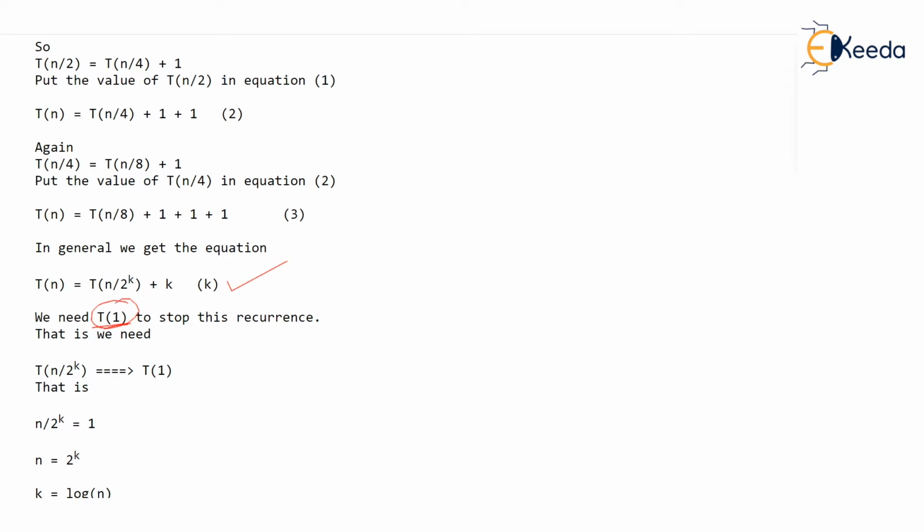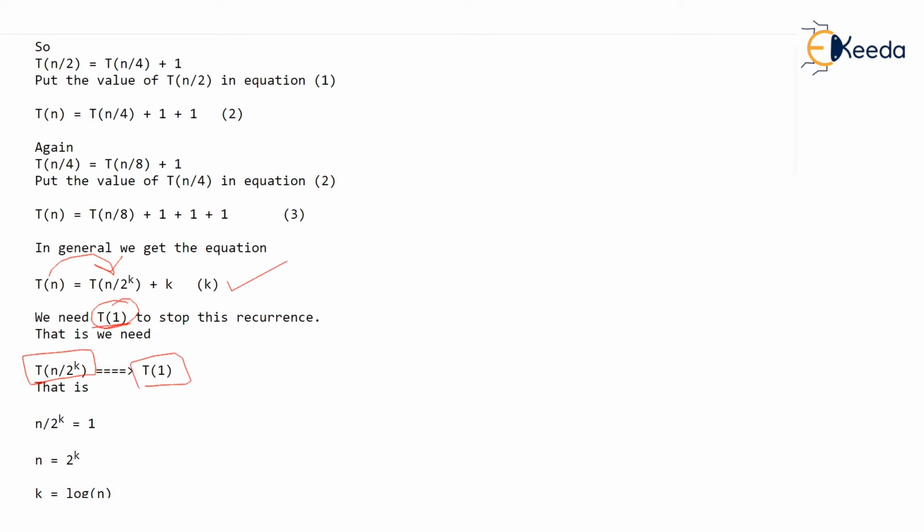And somehow, we want that on the right hand side of Tn, we should get T1. Are you understanding? That means we want this right hand side, here I am marking this Tn upon 2 raised to k, to become T1.